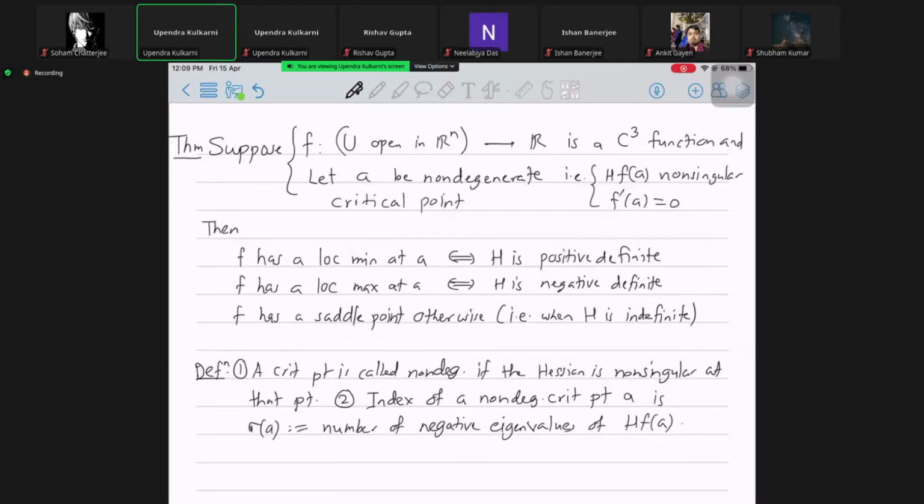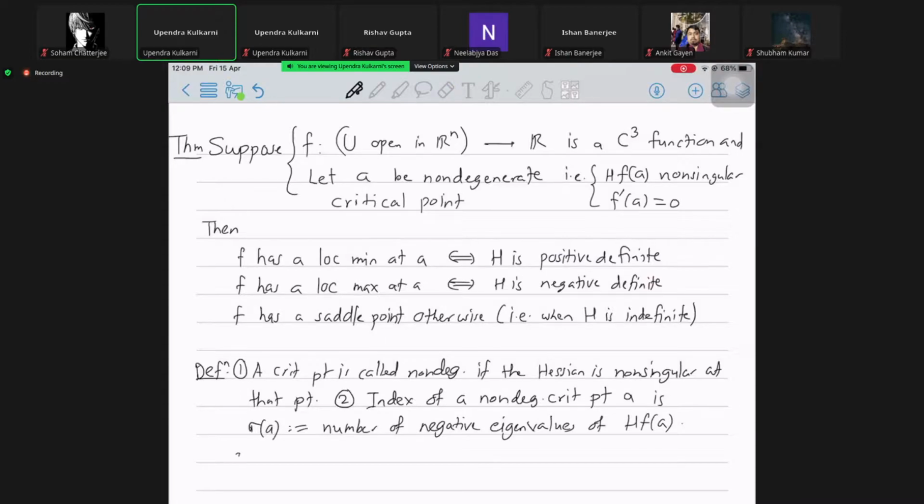If the operator is positive definite, then the index is zero. If H is negative definite, then the index will be n, and anything in between, we call it indefinite.